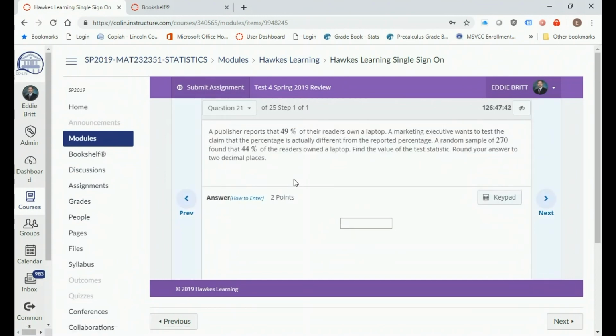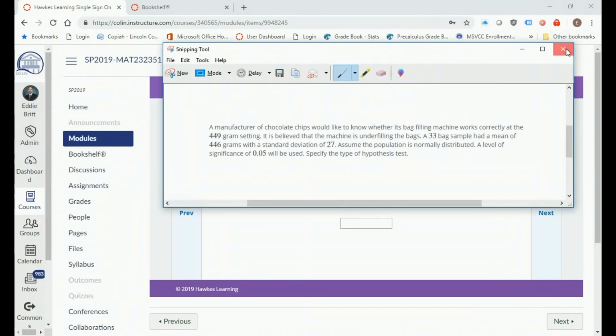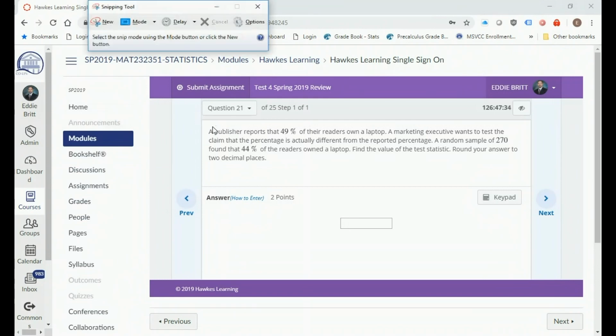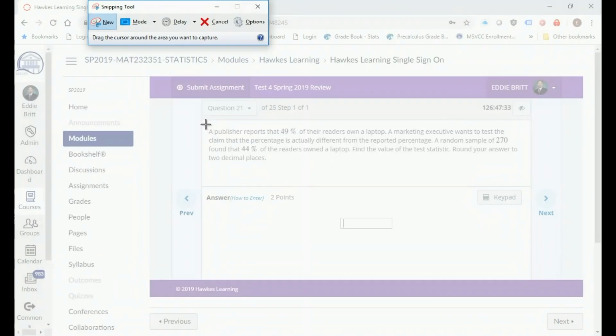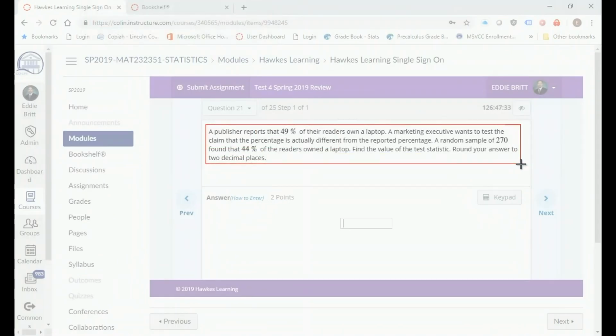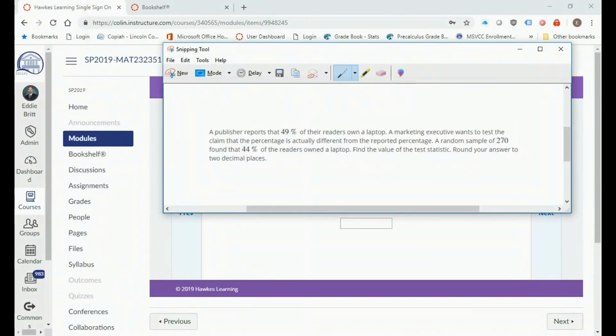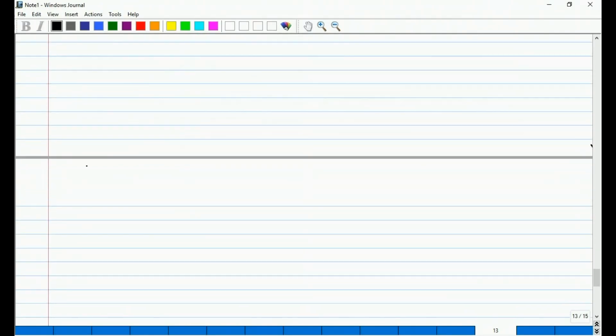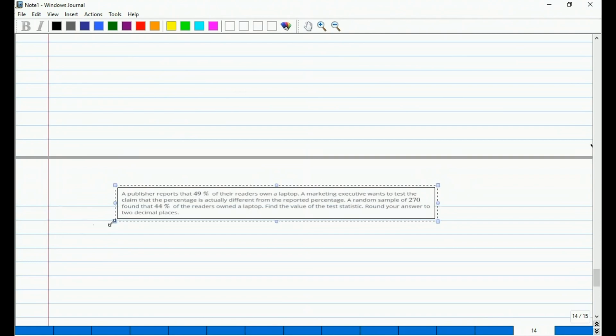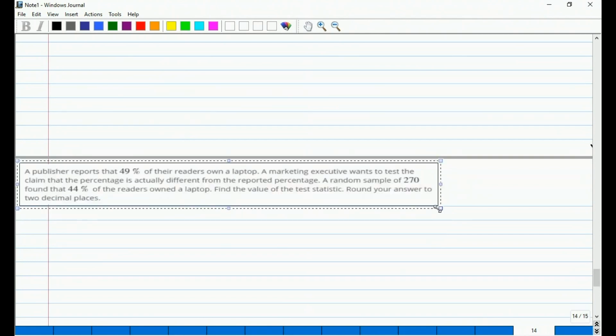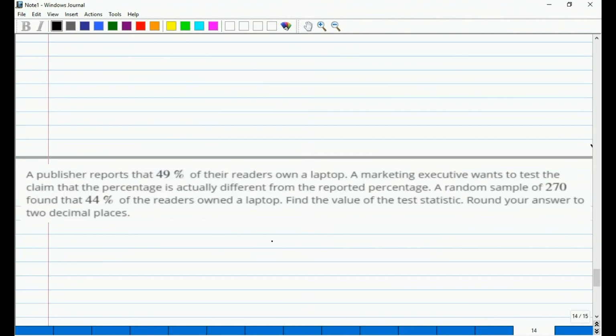All right. Now we want to find a test statistic, and this is the test statistic of a proportion. So we got to make sure we're using the right formula for the test statistic of a proportion. I'll go to the formula sheet and copy this over really quick. All right, so let's write down everything we have. So here's the claim here.